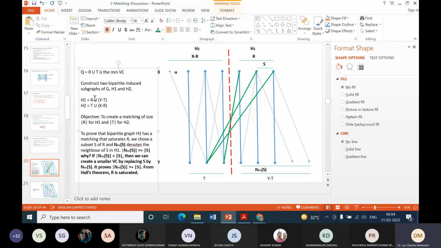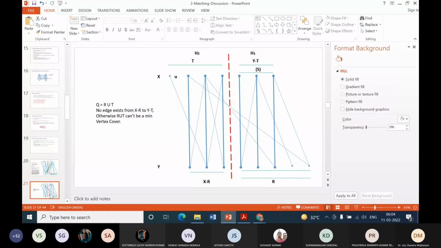And no edge exists from X minus R to Y minus T, otherwise R union T cannot be a minimum vertex cover. So this kind of edge cannot exist.